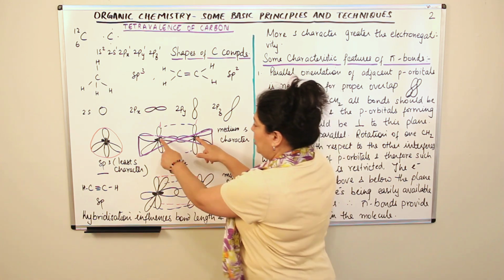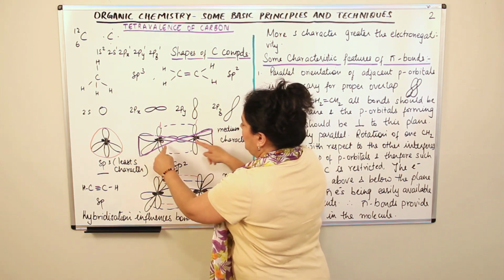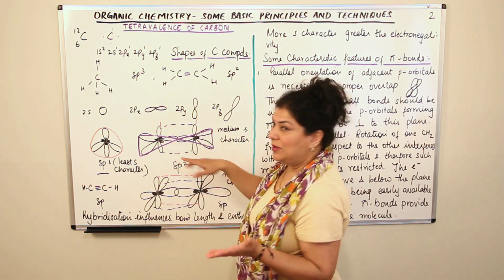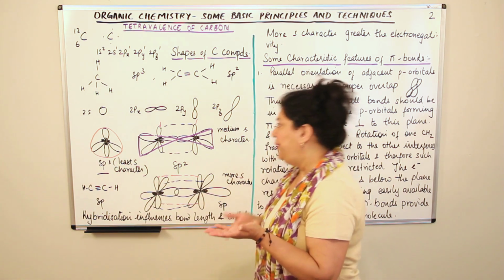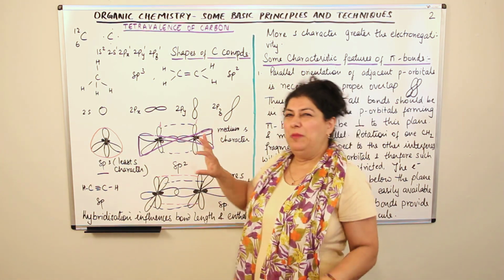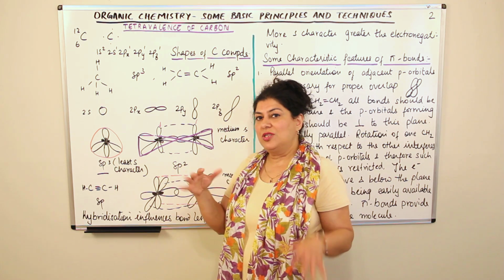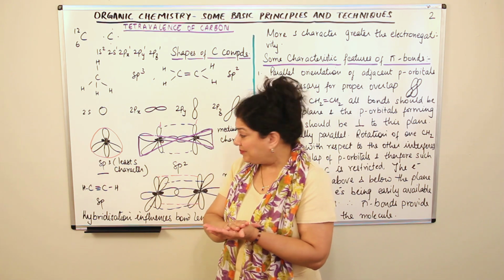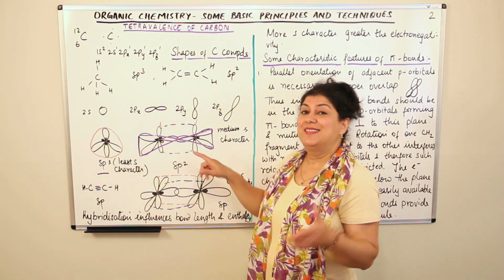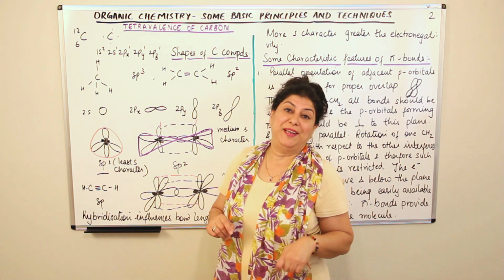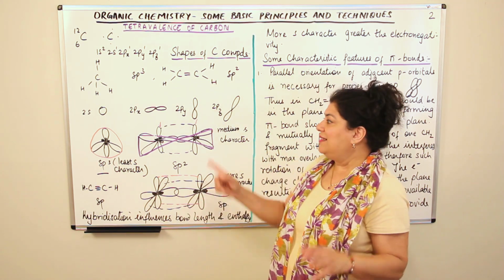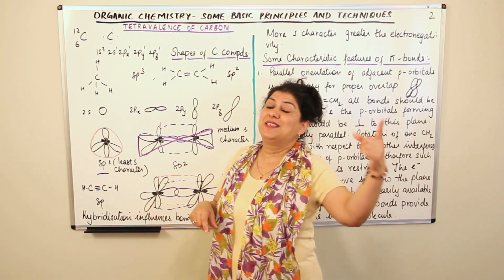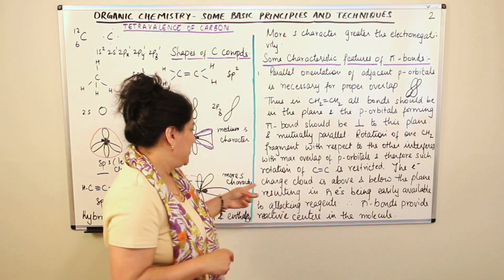But for the pi bond, with half a lobe up and half a lobe down, the electrons are a little more scattered, and a little loose because they are not in the plane. So the electrons present in the pi bond are available for bonding. Since they are a little loose, they become the weak points in the molecule. So these are the electrons which would participate in chemical reactions.